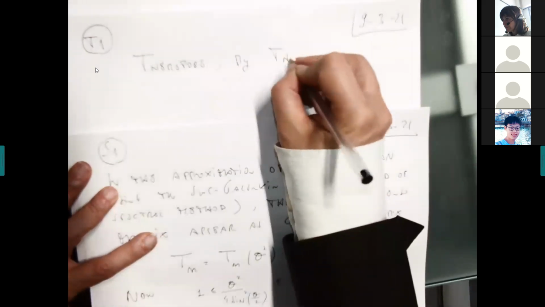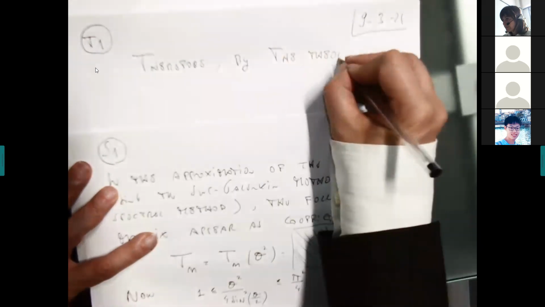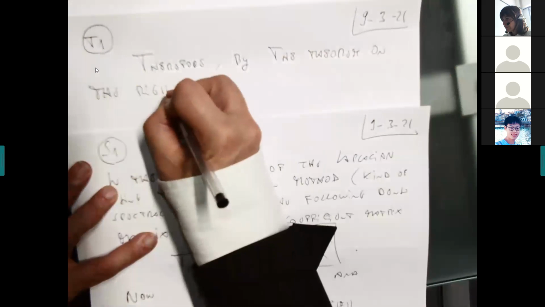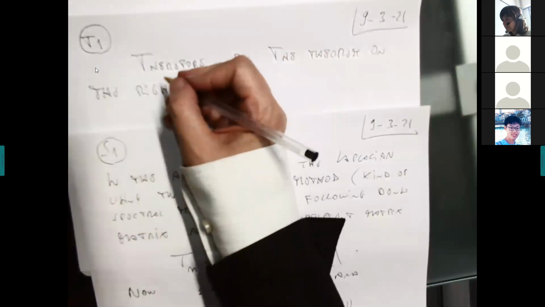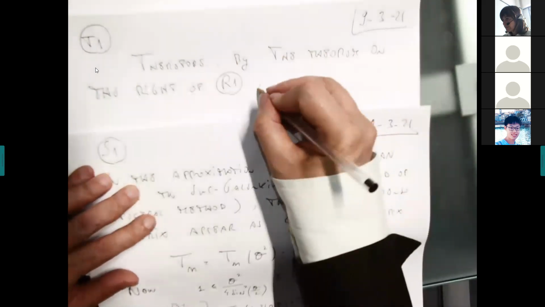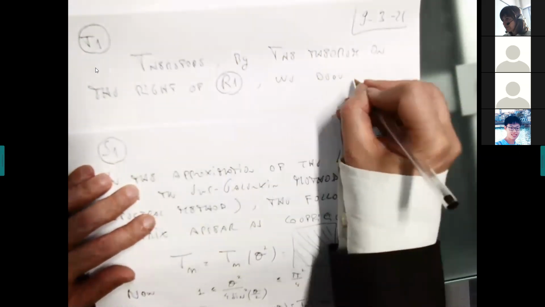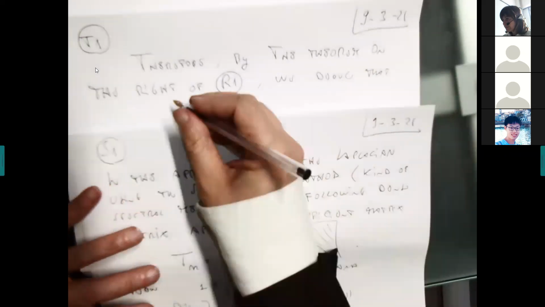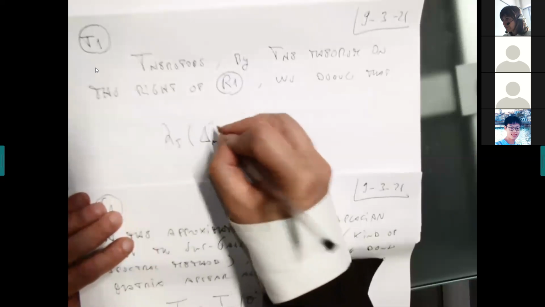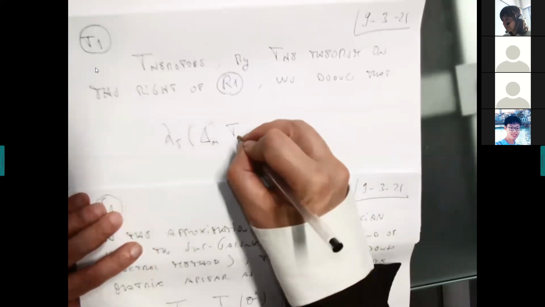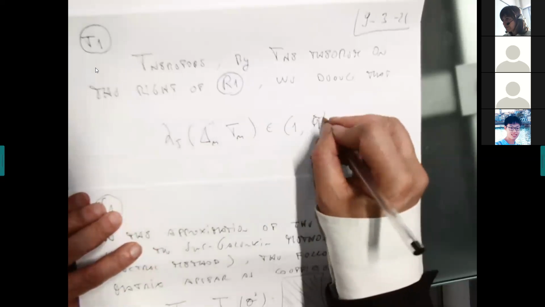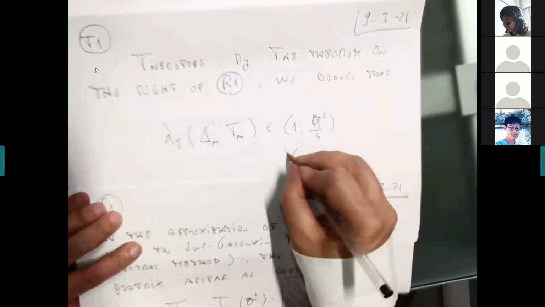By the theorem on the right, we deduce that lambda j of Delta n^-1 times Tn belong to the open set (1, pi square over 4) for any n.